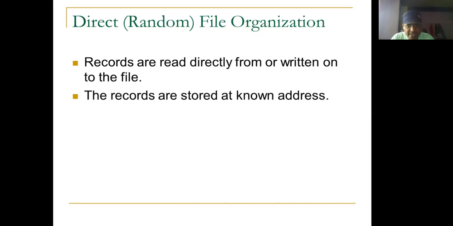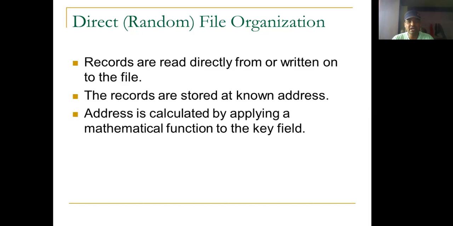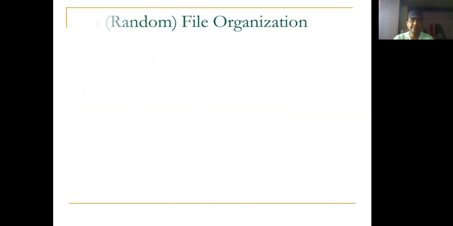Records are stored at a known address. This known address is calculated by applying some mathematical function to the key field, and all the records are stored on the basis of the key field address.